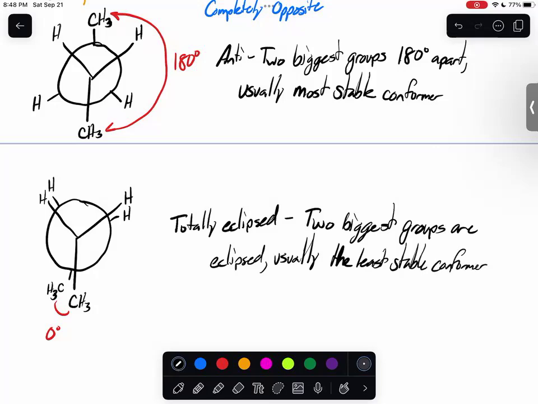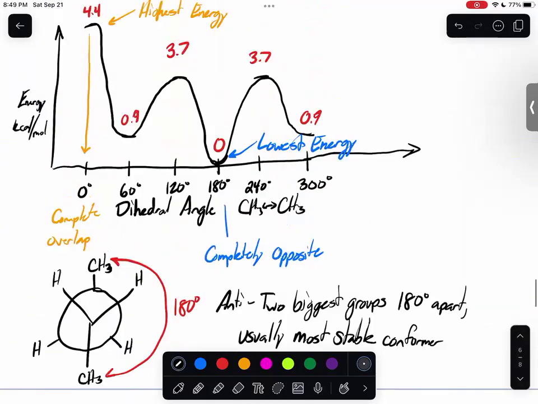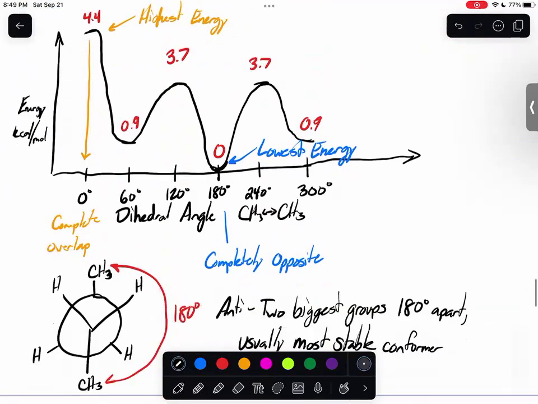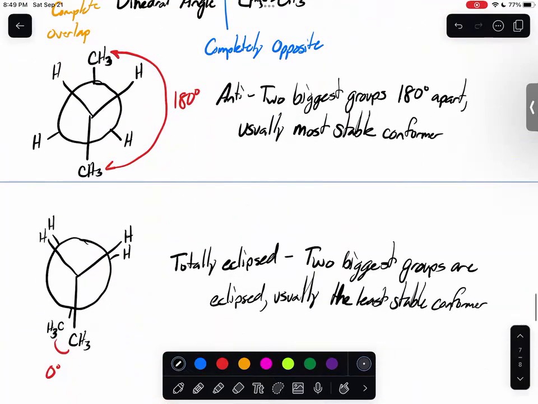All right. So essentially, as you rotate through these, you're going to get this sort of energy diagram here where it's going to have to go up and down these hills in order to get that rotation done. But the most important conformers are always your highest energy, which is the least stable, and your lowest energy, which is your most stable, and those are called either anti or totally eclipsed based on which one you're talking about.